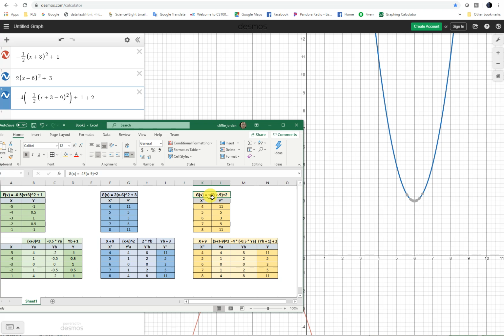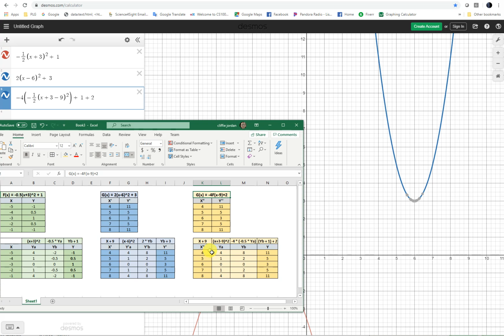I multiply the coefficient by -4 from the original f of x. And then I add 2 from the original shift upwards of the original f of x. And that will get us the final values.